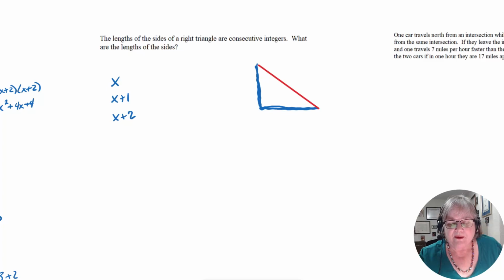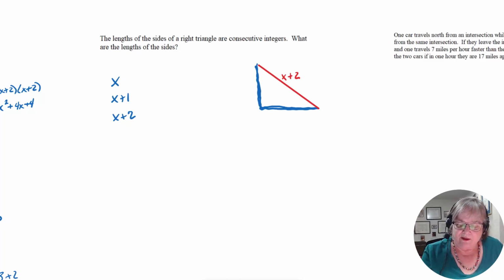All right? So this one would have to be x plus 2. Now, where do the other ones go? It doesn't matter. Okay? But the longest one has to have the biggest number. And if you add 2 to this number, that would make it the bigger number. Because we're not doing negatives, remember, because we don't have negative sides.